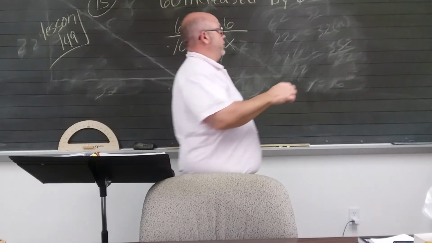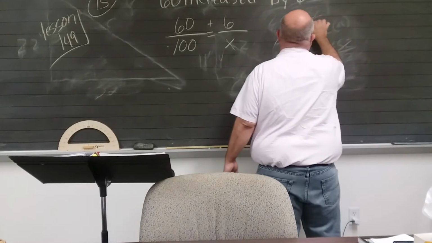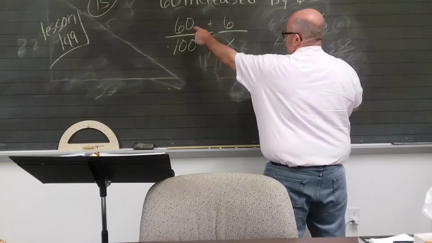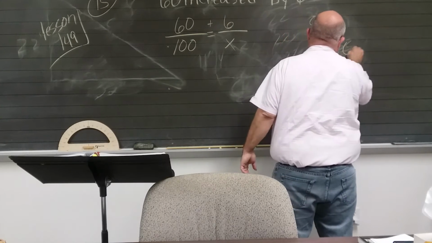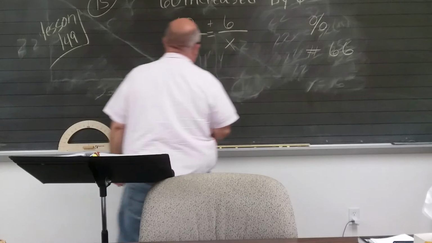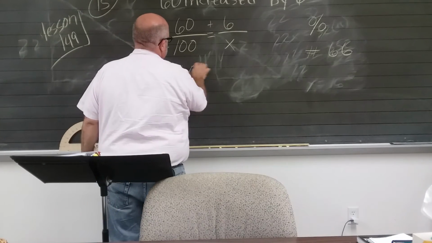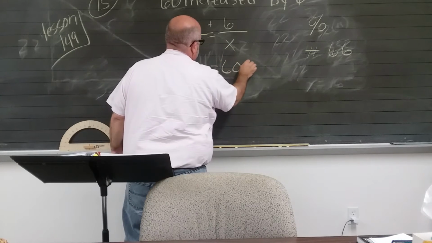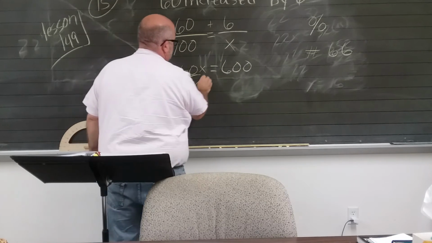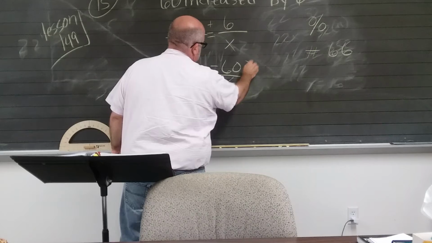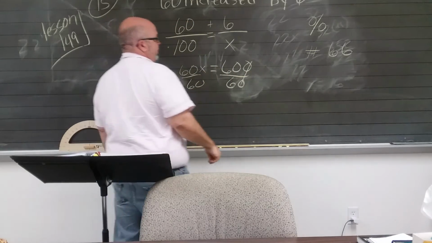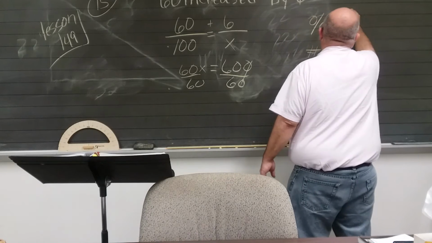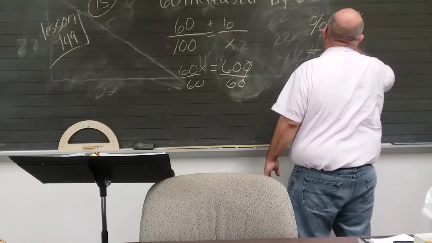Okay, missing number is percent of increase. It wants to know the percent of increase. It wants two answers. Percent of increase, and then it wants the number. Well, your number is going to be 66. Okay, but what is the percent of increase? 60x equals 100 times 6, 600. Divided by 60, divided by 60. 600 divided by 60, x equals 10. 10%.